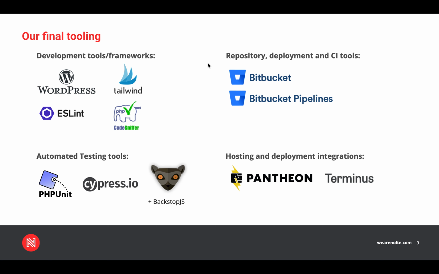As our repository deployment and CI tools, we use Bitbucket and Bitbucket pipelines. For automated testing tools, our final tools currently are PHPUnit for unit testing, Cypress for our functional testing, and Backstop.js for our UI testing or visual regression testing. And finally, for hosting and deployment integrations, we use Pantheon and Terminus.